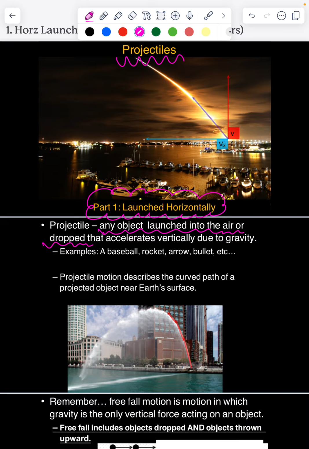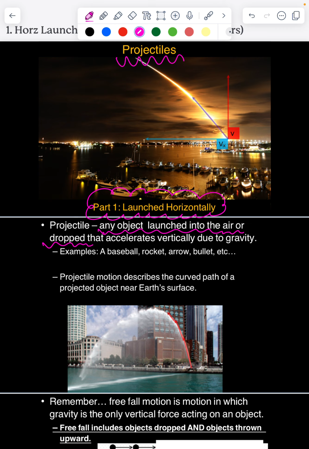Say you're going for a free throw, that motion of the ball is projectile motion. As soon as you throw it, it becomes a projectile. Whenever you shoot a gun, that bullet becomes a projectile. If you're hunting and you're shooting with a bow and arrow, that arrow becomes a projectile.